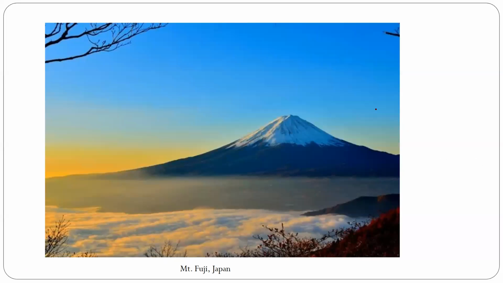Okay, next. You have here a beautiful picture of your Mount Fuji in Japan. Okay, it's the tallest mountain in Japan, and this photo is taken in a month of July, where the temperature is fairly low. Okay.